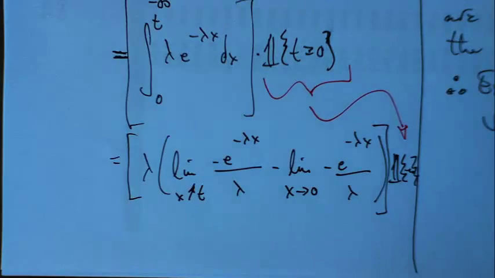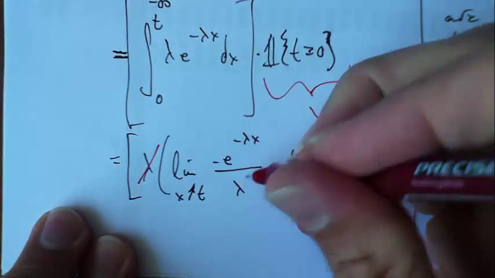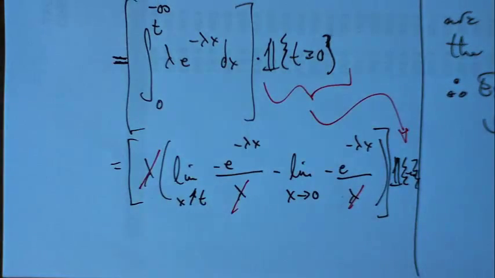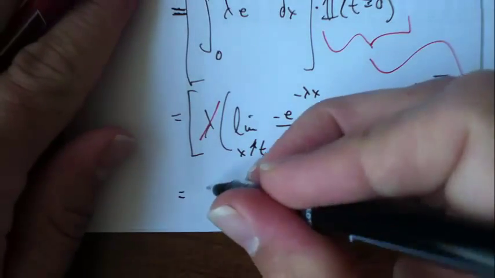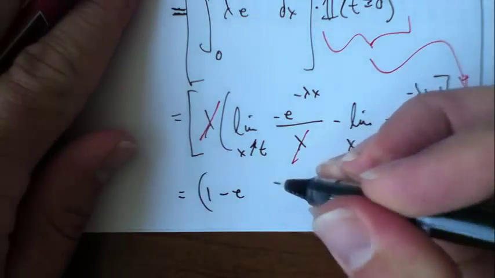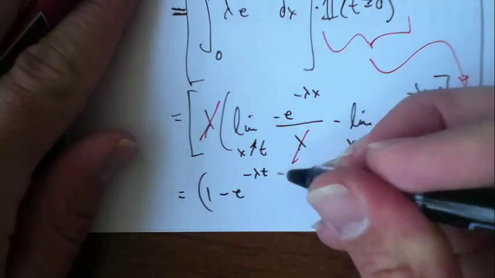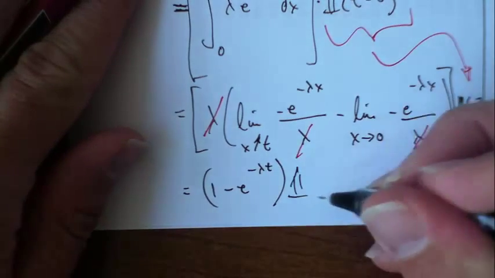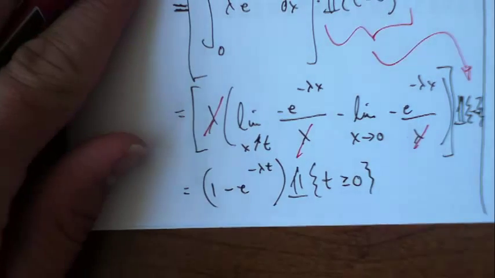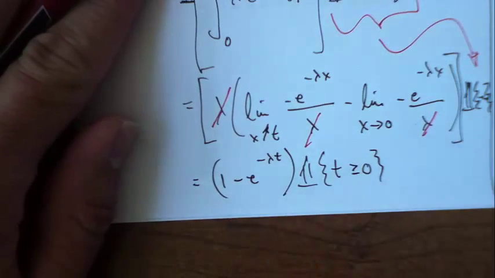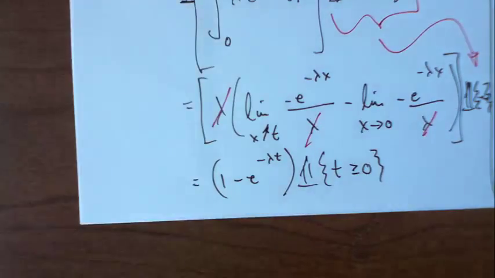So let's see. I can cancel some lambdas, and then I'm just going to be left with 1 minus e to the negative lambda t times that indicator function of t being at least 0. So that's the CDF for an exponential random variable.